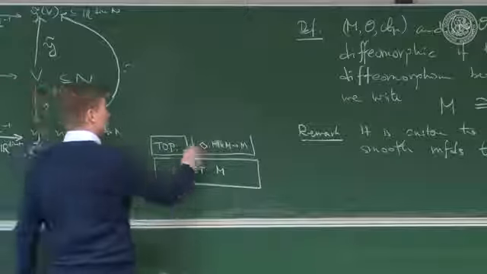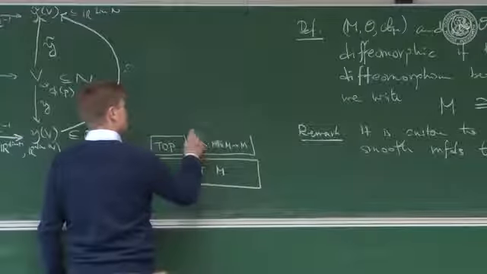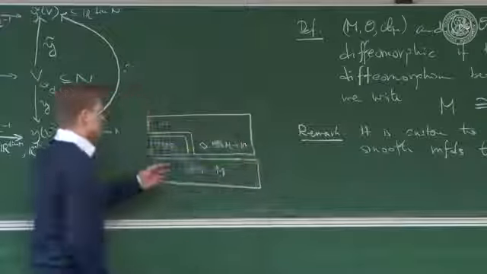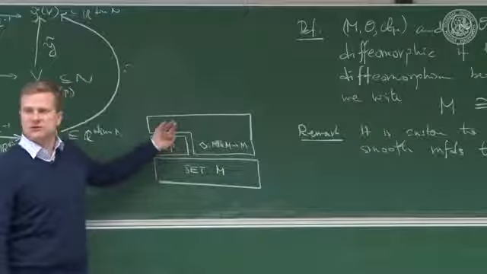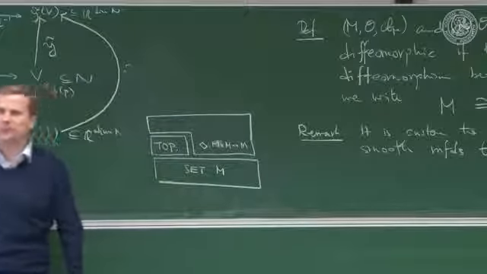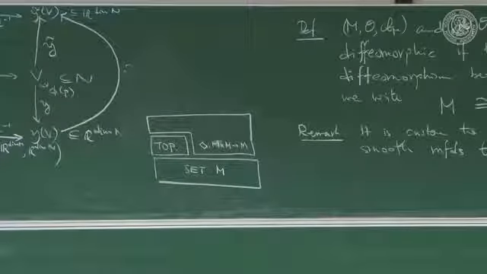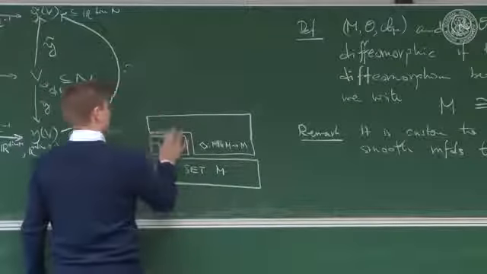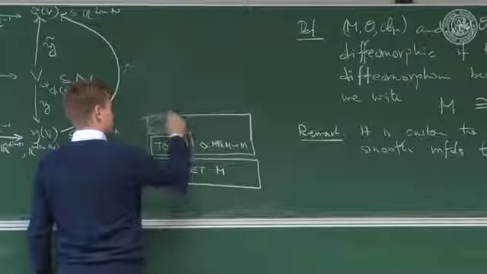Now you can certainly equip a set with a topology and such a structure, and then you get a so-called topological group, also called a Lie group. Let me refine this picture a little further.